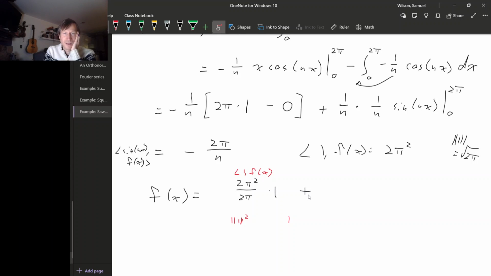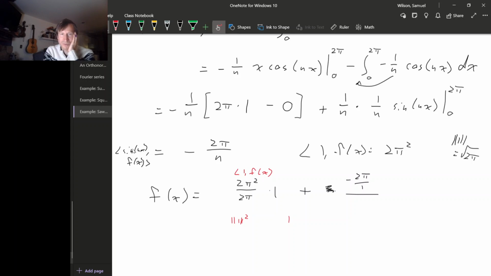And then for the rest of them, we get a term for every sine function. So it's the inner product, minus 2 pi over n, times 1 over the square of the norm of the sine function.